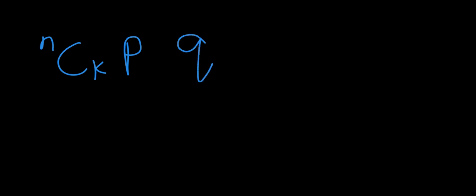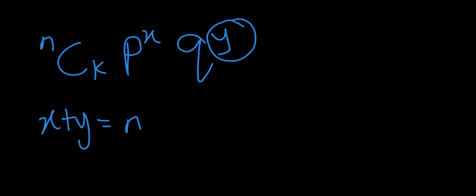Now we know that the sum of the value here and the value here is n. Now can we express this value here as x and n terms? So we know from collecting like terms that y is n minus x.